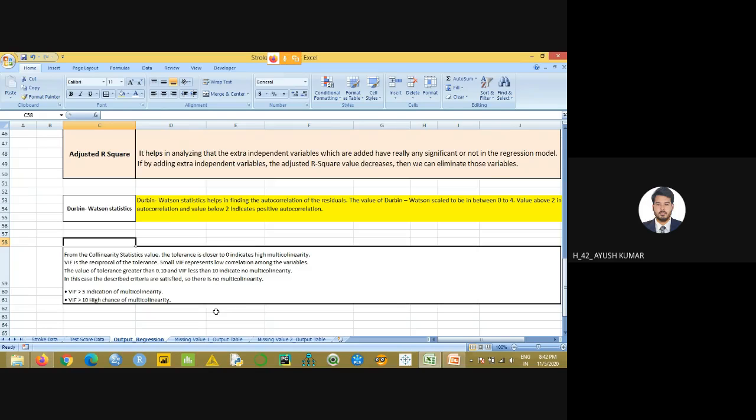Basically, collinear is when you have points along the same line, right? So is it that high multicollinearity means those points are more in number and less dispersed, less deviated from the main straight line, and more in number as well?